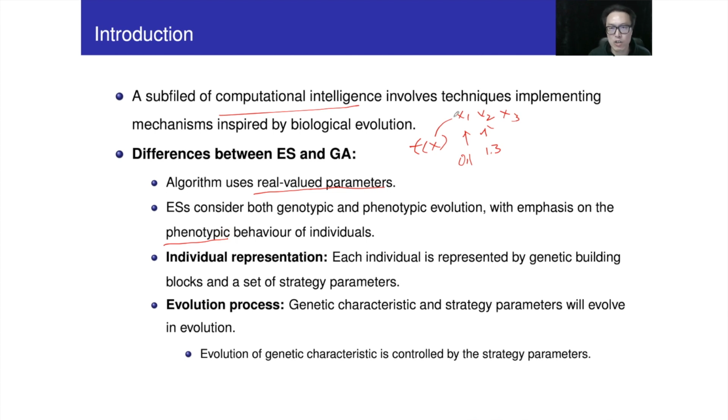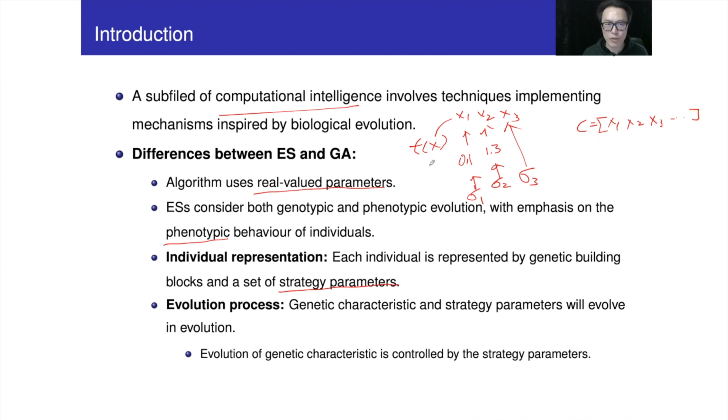That means we are going to talk about the real value, and then corresponding to each gene we have another parameter. We call it sigma 1, sigma 2, sigma 3, and we call these the strategy parameters. Compared with the genetic algorithm, we only have a chromosome, that is x1, x2, x3, and so on.